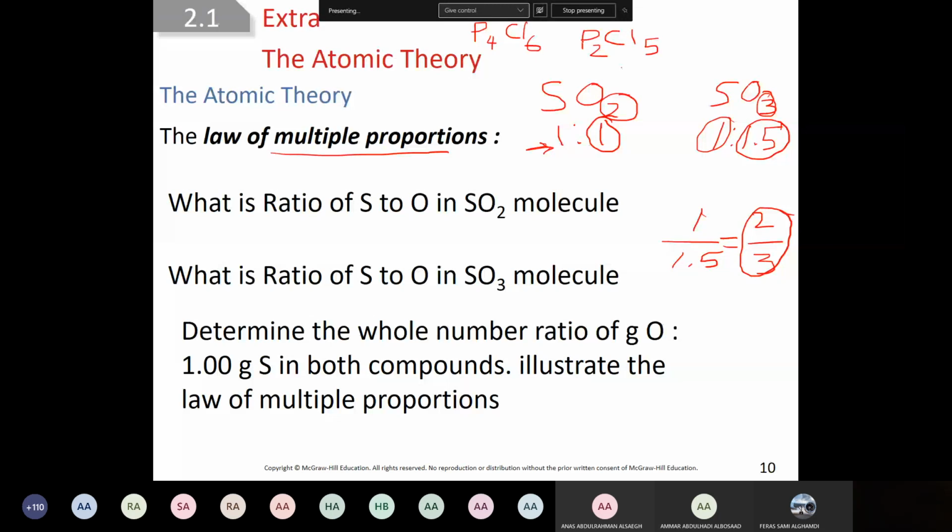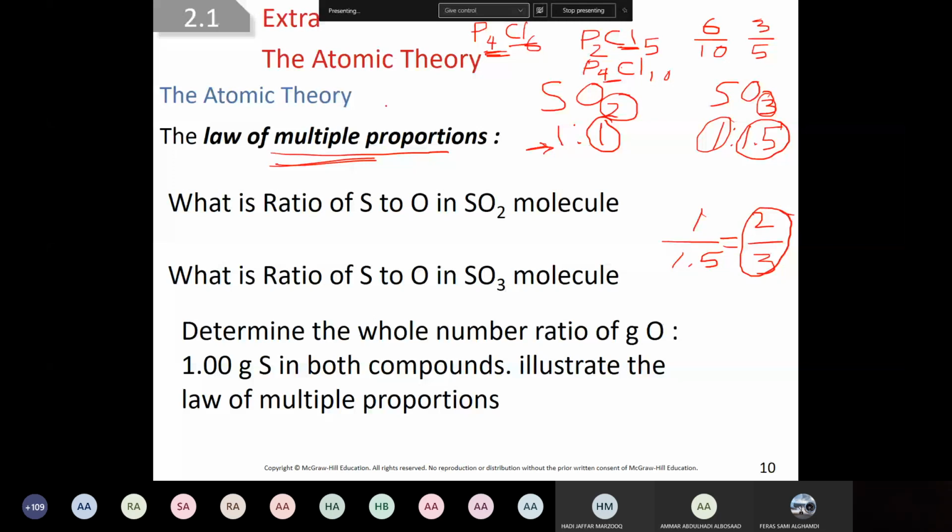Now, what do you expect the ratio of Cl to Cl if we have a complete compound? Before you do the ratio, you must make the amount that will react with P the same. So I will make this P4Cl10. Why? I want this 4 and this one 4 also. Then what will be the ratio in this case of Cl to Cl in multiple proportion? 3/5. Exactly, 6/10 or 3/5. Is this clear? That's the multiple proportion.